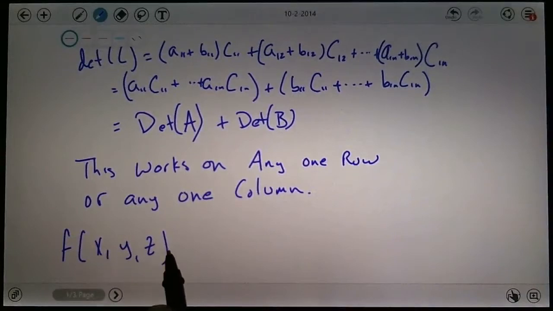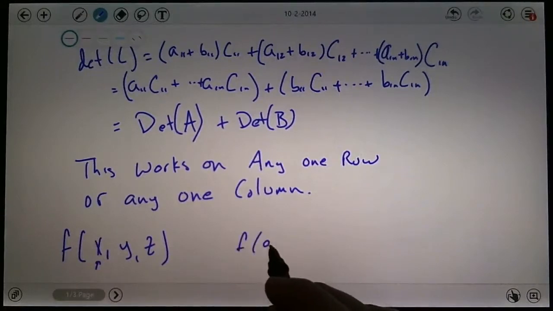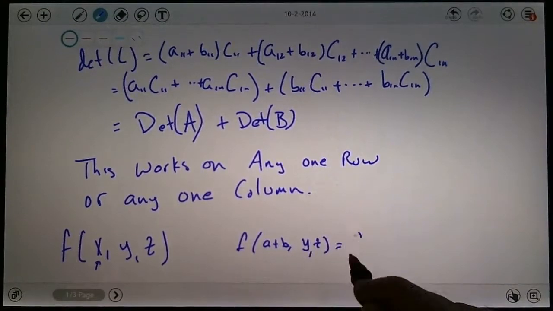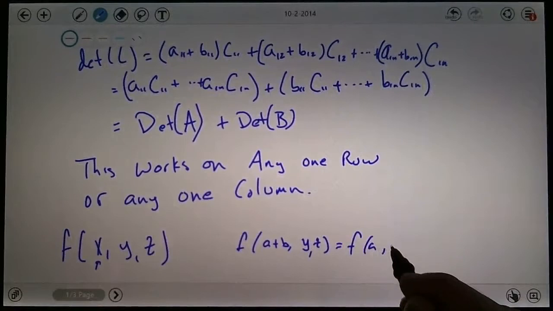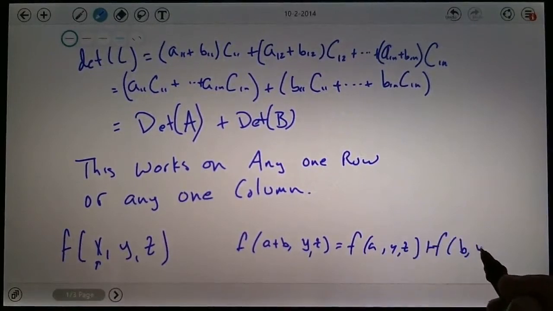There's a question of whether they're linear functions, and some of them are not necessarily linear functions, but they're linear in each position. If you look just at the first position, you might find that f of a plus b, y, z is f of a, y, z plus f of b, y, z.